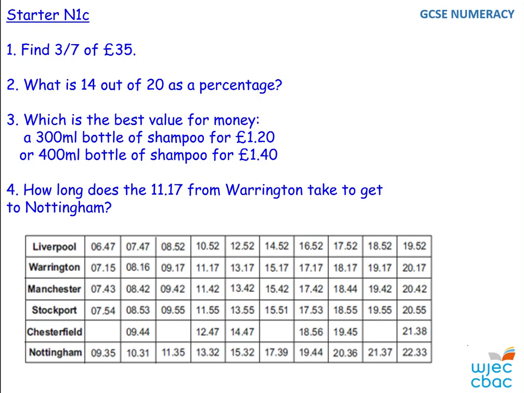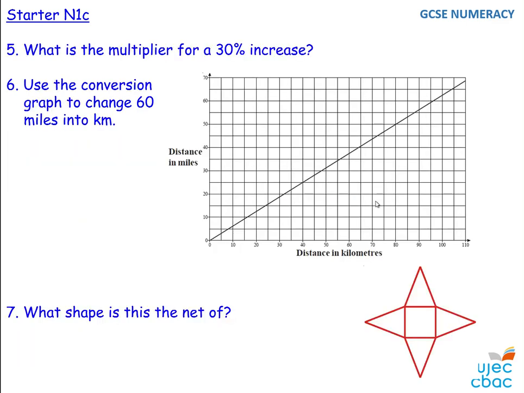When you're ready, hit play again. I have a few more questions, so we'll go on to the next page before we go over the answers for this one. There we go. So complete all 7 questions, hit pause. When you're ready, we're going to go over all 7 questions.